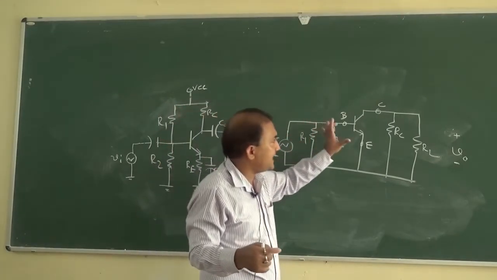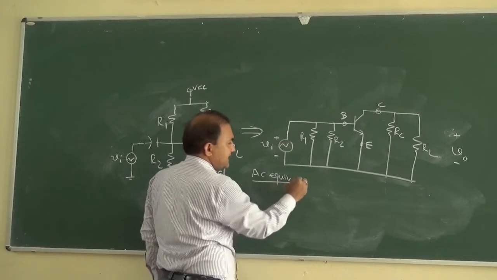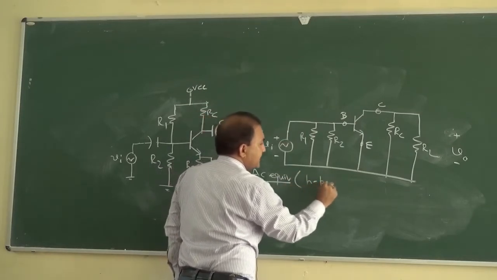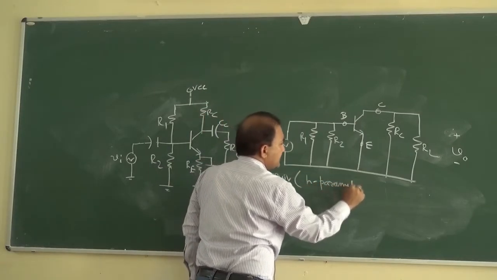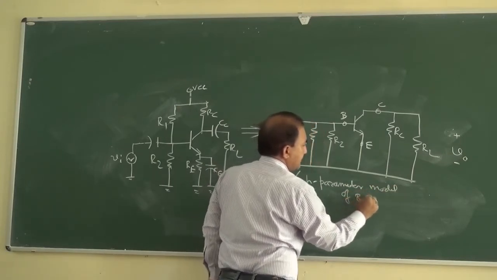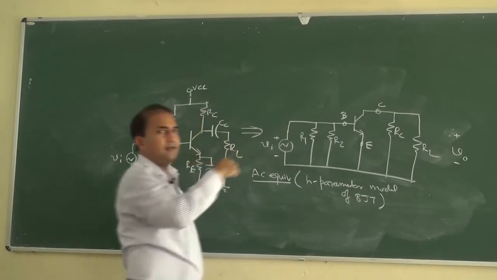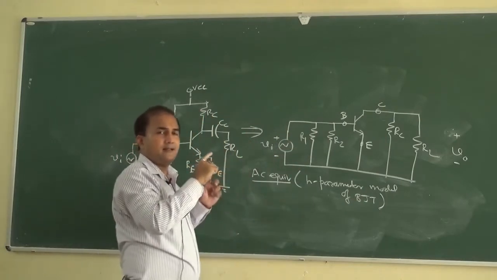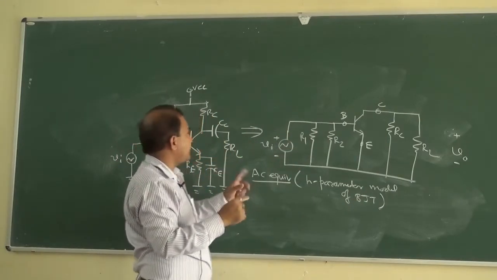But we have to represent this BJT again with its AC equivalent, that is, by using the H parameter model of the BJT. Then the complete circuit will be the AC equivalent circuit.